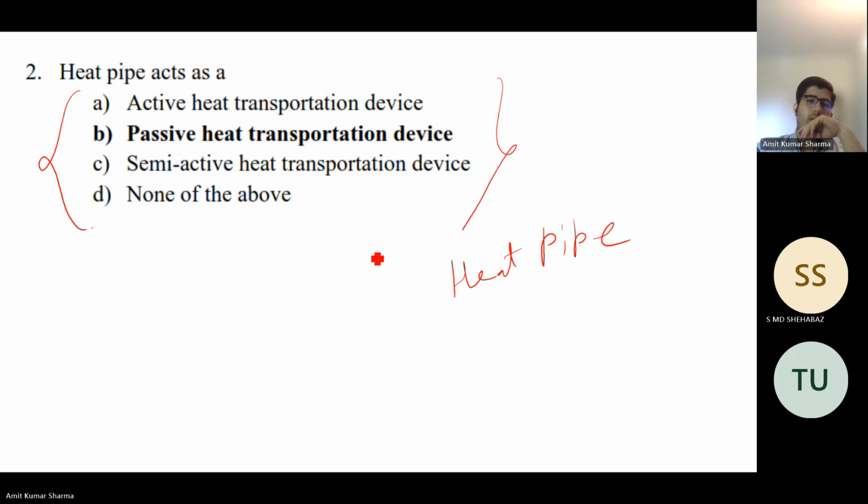Okay. So you are saying the heat pipes act as a passive heat transportation device. So what does it mean? I have given you a good hint. You can answer, I think.